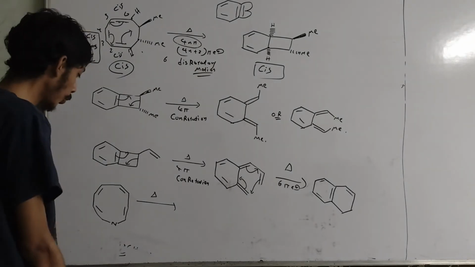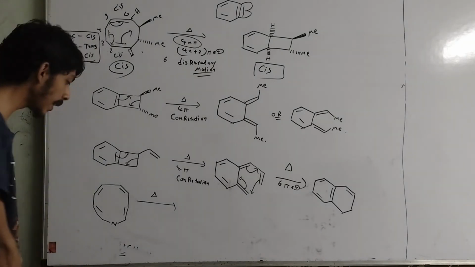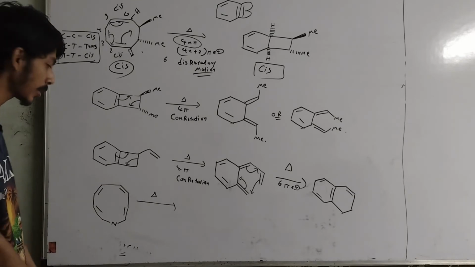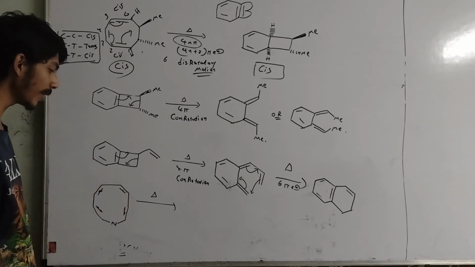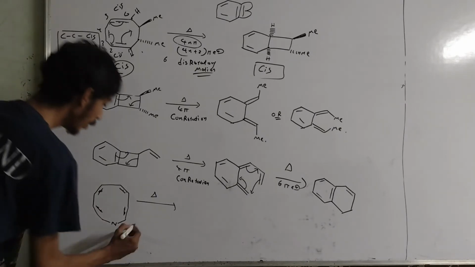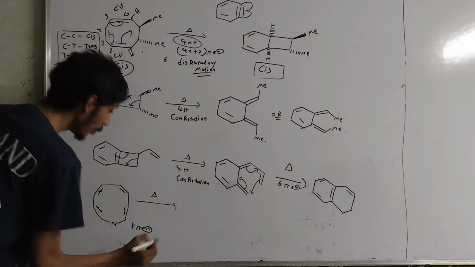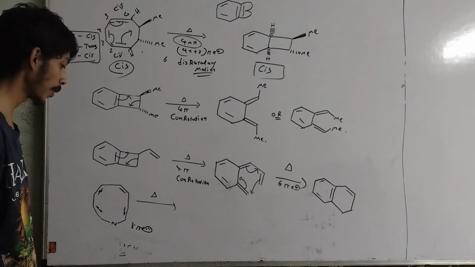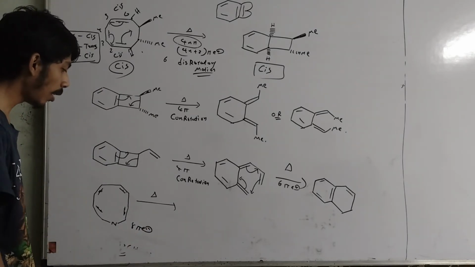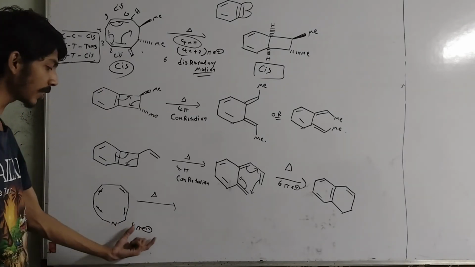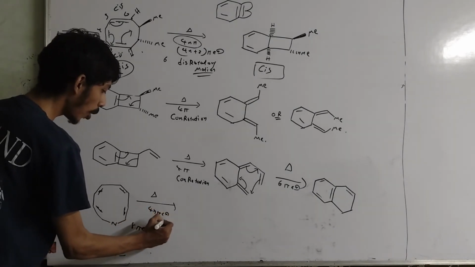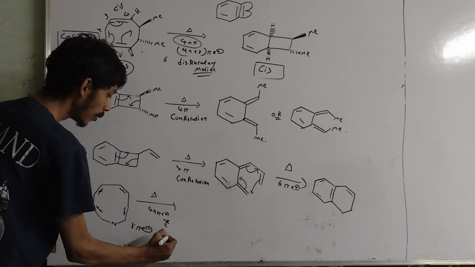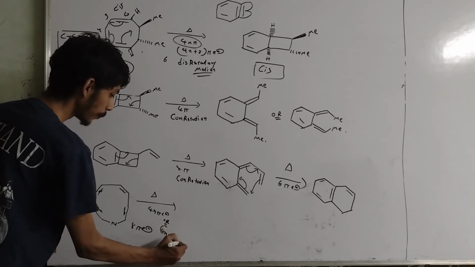You can clearly see that here there are two types of possible systems. First of all, there are 4 double bonds, and 4 double bonds means an 8 pi electron system. So either this reaction goes through a 4n pi electron system, or it goes through a 4n plus 2 pi electron system.